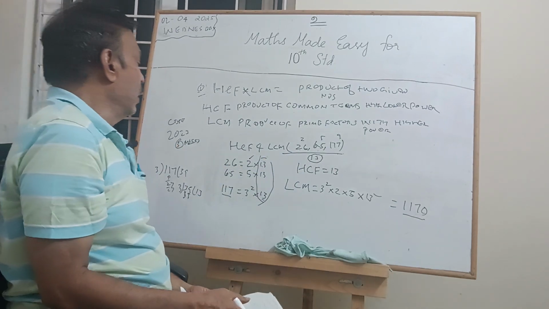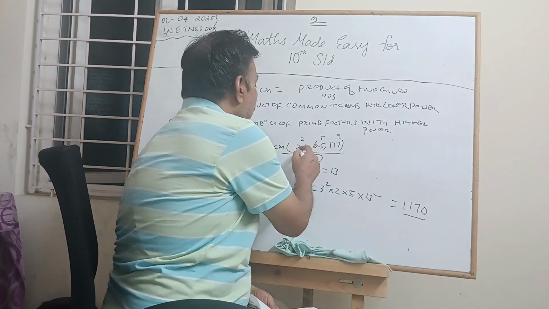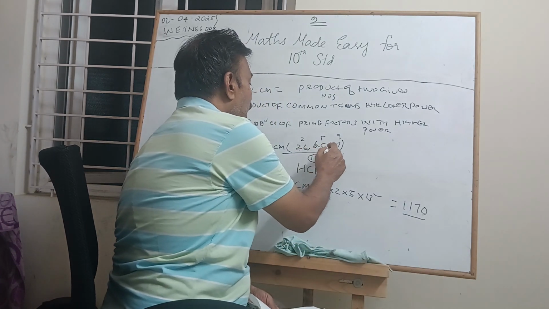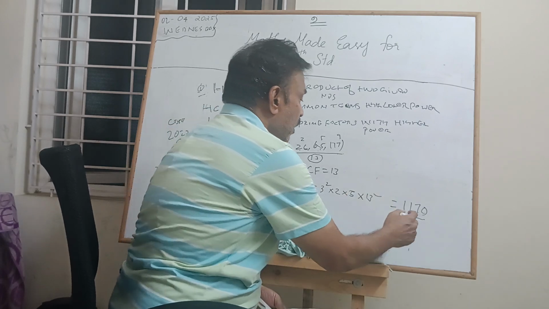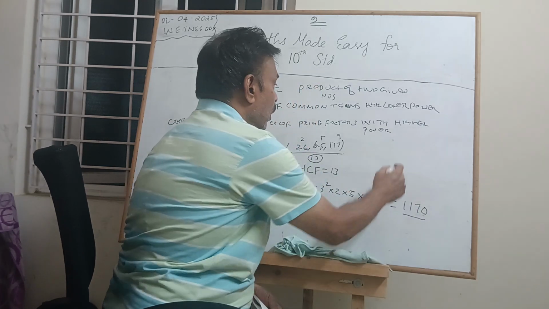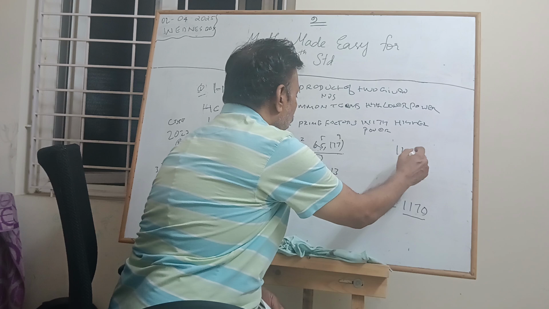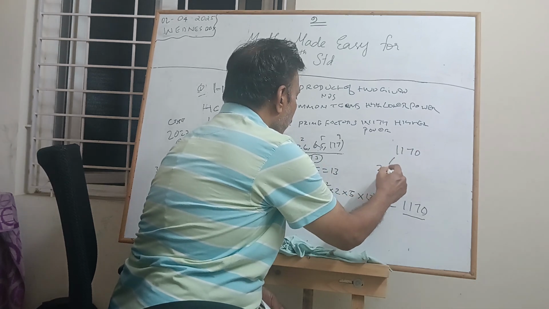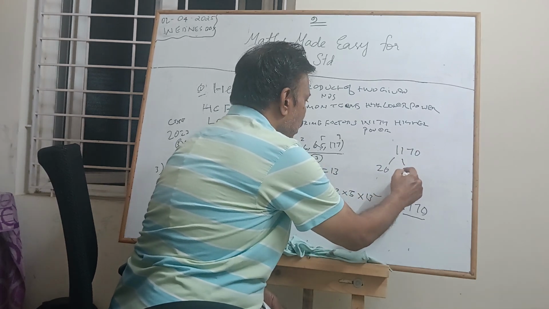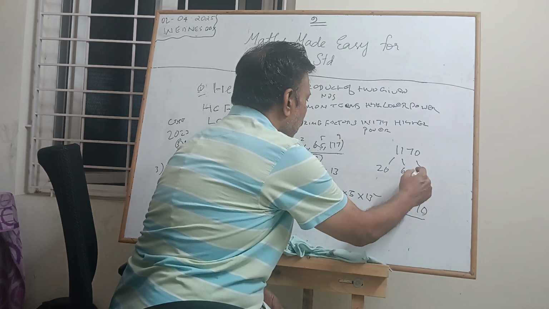Okay. So for 26, 65 and 117, the LCM is 1170.